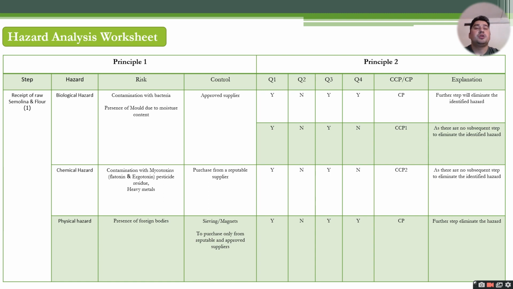So it is a CP, which means control point. It is not the CCP, it is the control point. So we have to put the control measure in place, as further steps will eliminate the identified hazard. If there is any particular hazard, we have further steps that can remove the biological hazard. So as per that, you have to ask the questions, and after that you have to determine whether it is a CCP, CP, or OPRP.